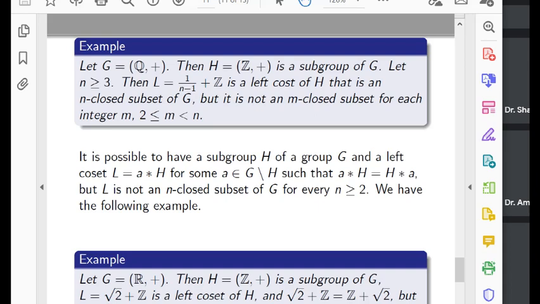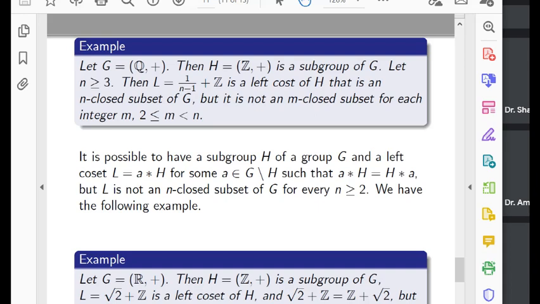So if you have a subgroup where the index of this subgroup inside the bigger group is infinite, then you will have this problem. And here is the example.